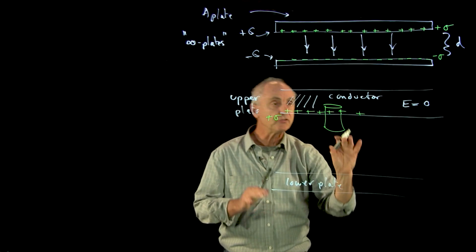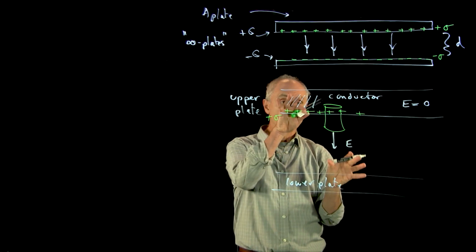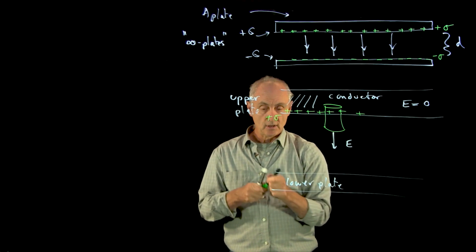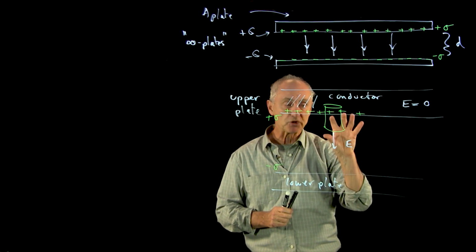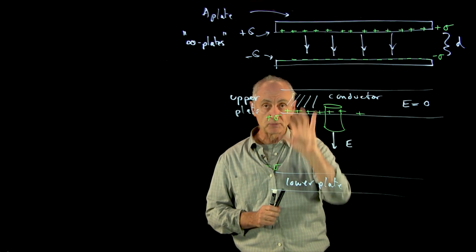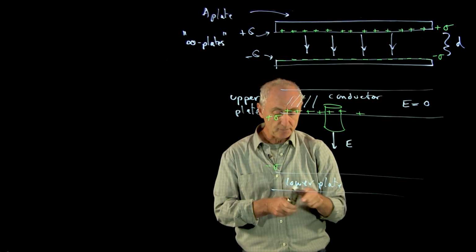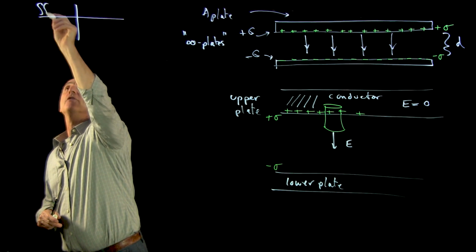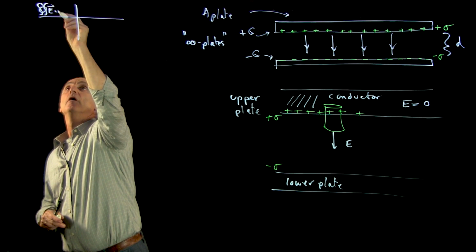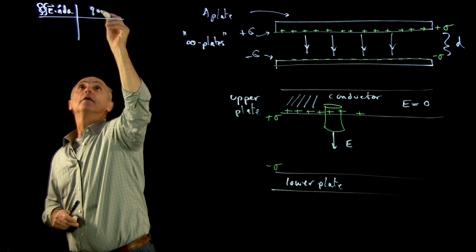Now, Gauss's law, the field in between the plates is due to both plates, minus sigma and plus sigma. Gauss's law is dealing with the total field that's already the superposition of these two fields. Because E is 0 on the top, we know that by Gauss's law, and we've done this calculation before, but it can't hurt just to say it again.